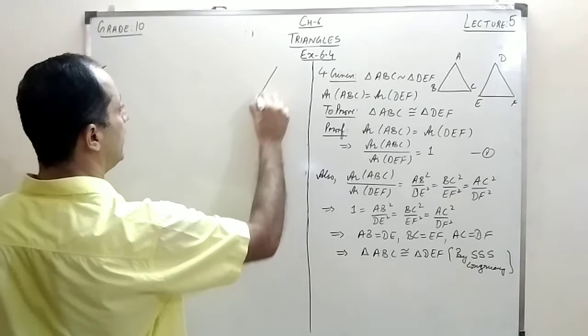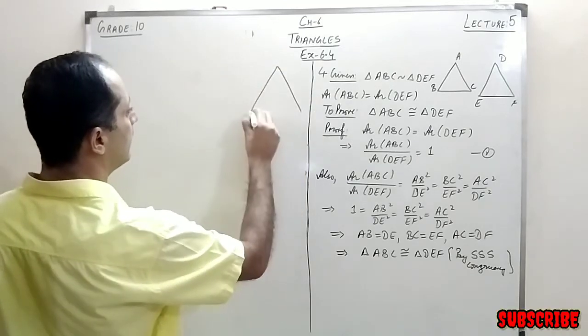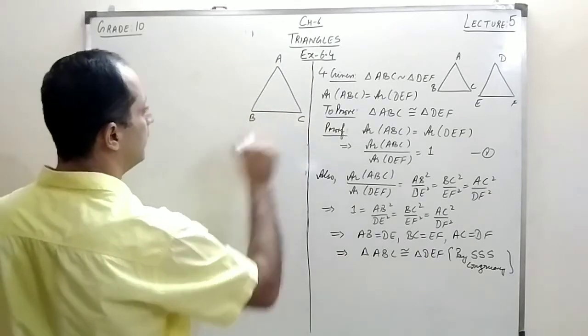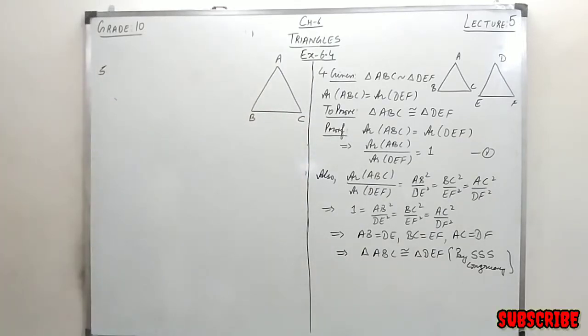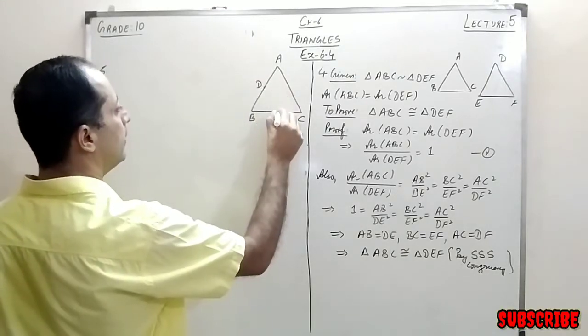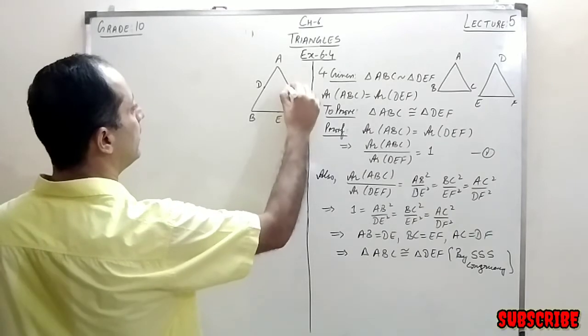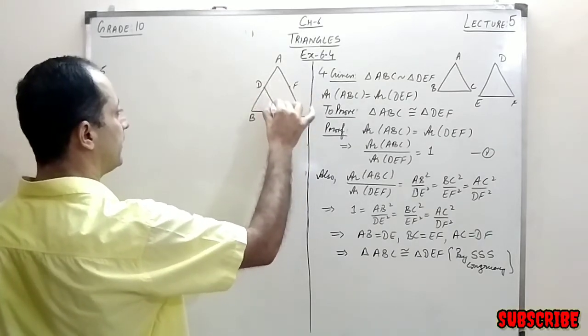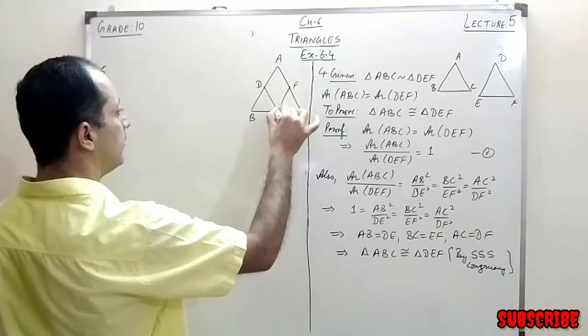So I have a triangle ABC and it's given that D, E, F are the midpoints of AB, BC and AC. So I join this.